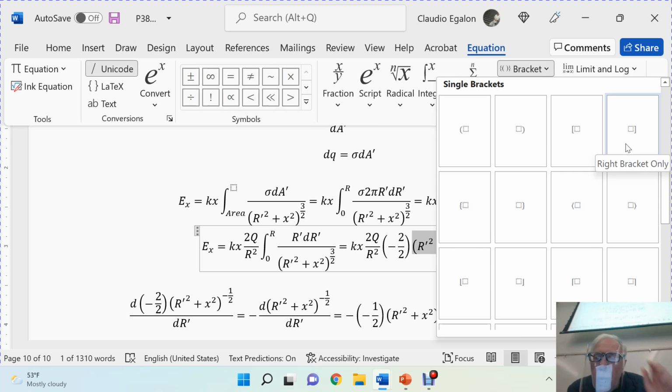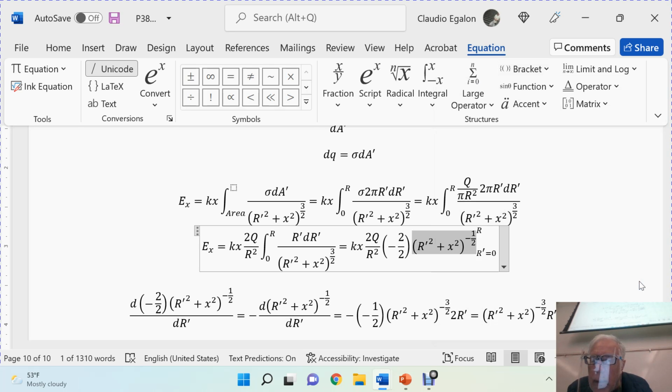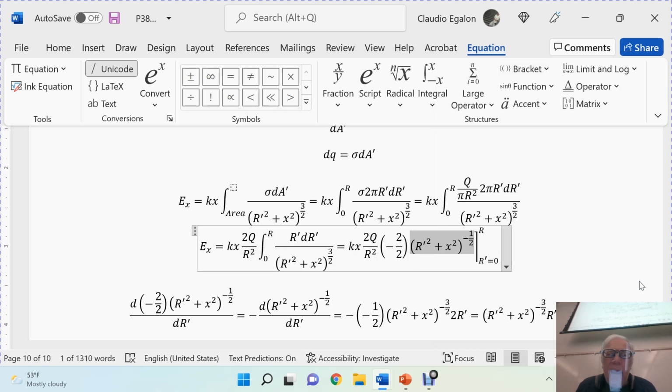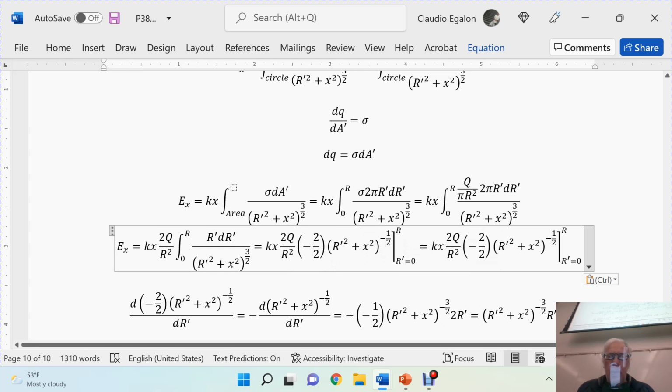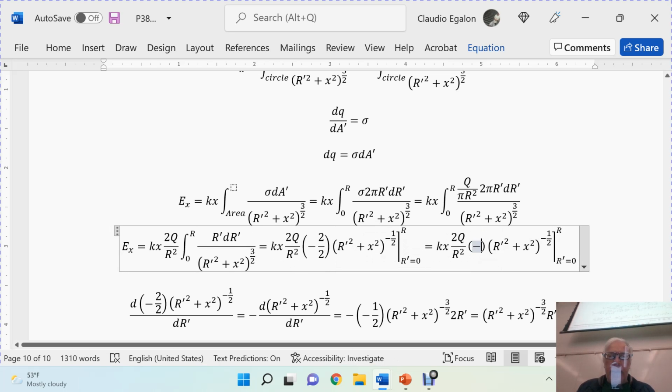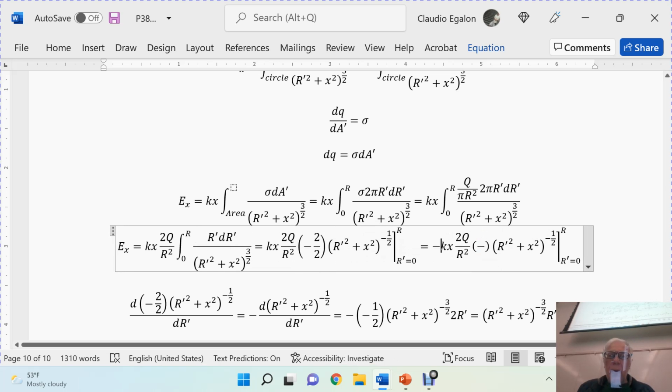Not exactly what I want, but that's okay. This is going to cancel with this. We're going to get only the negative here. Very important that you perform those derivations as well.